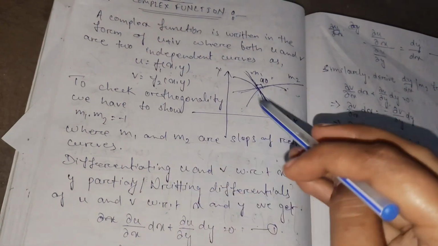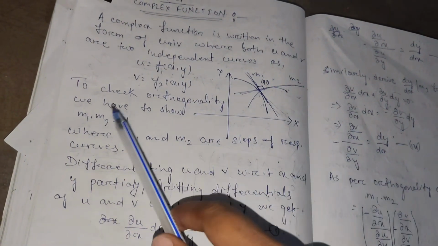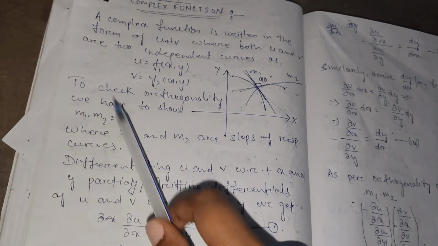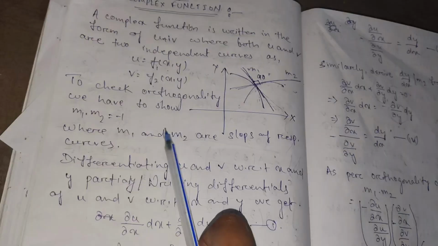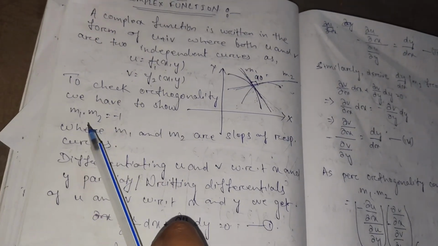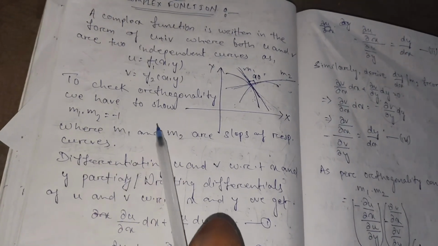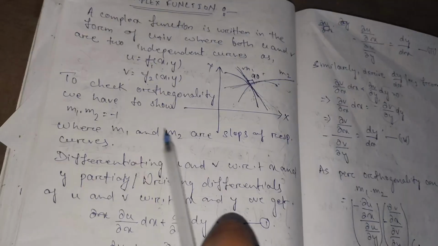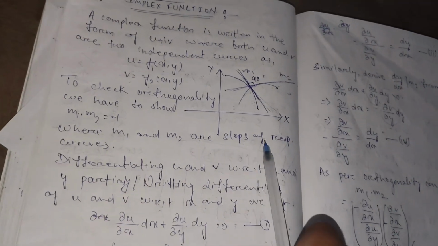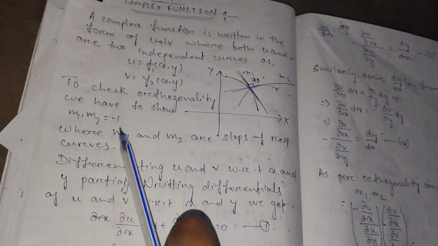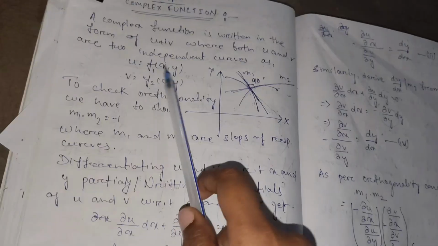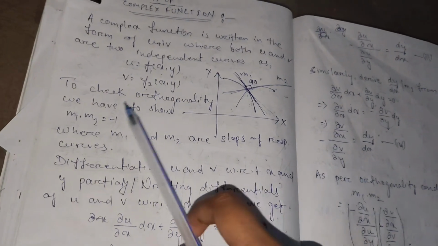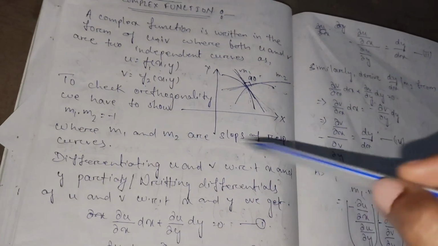As you can see here, I have written: to check the orthogonality, we have to show that m1 multiplied by m2 is equal to minus 1, where m1 and m2 are the slopes of the respective curves. That is, m1 is the slope of the u curve and m2 is the slope of the v curve.